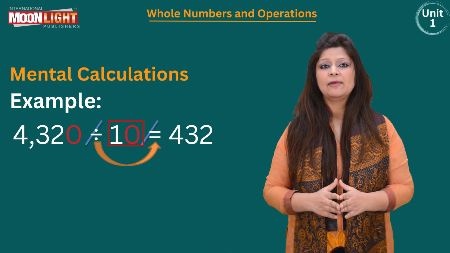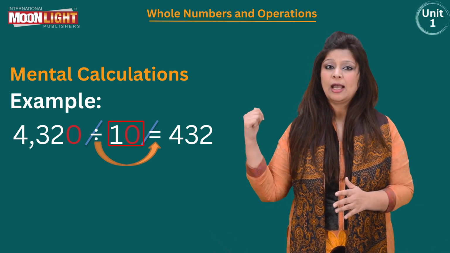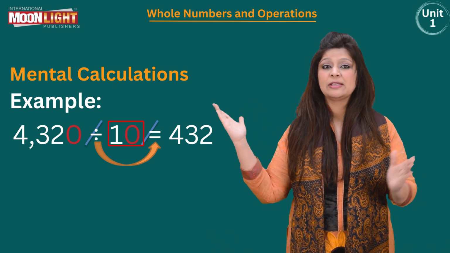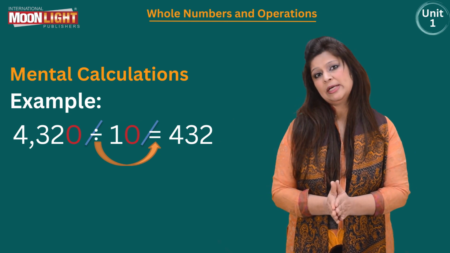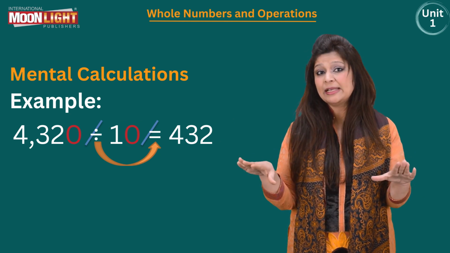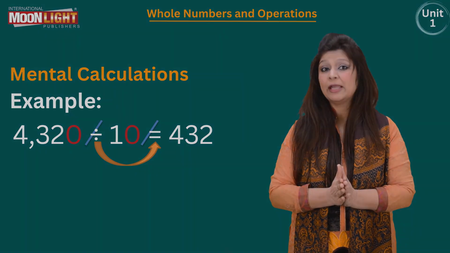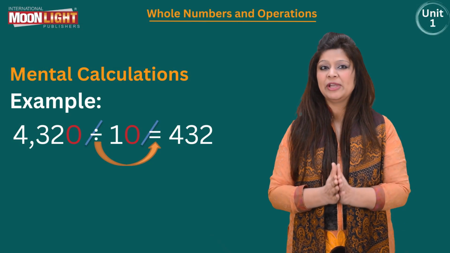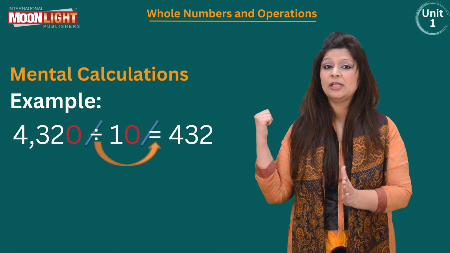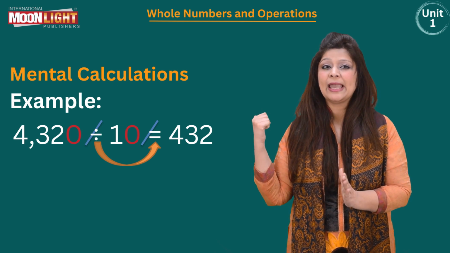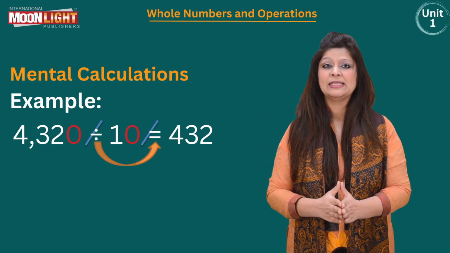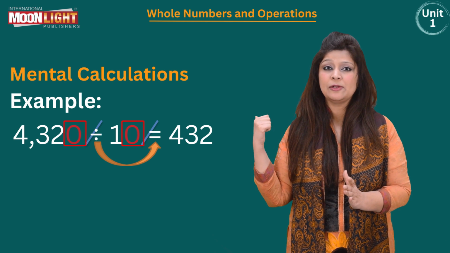So what we are going to do now is cut the numbers, or in other words, take away the number. Which number to take away? Yes, the last numbers lying at one's place, these are 0. Same.